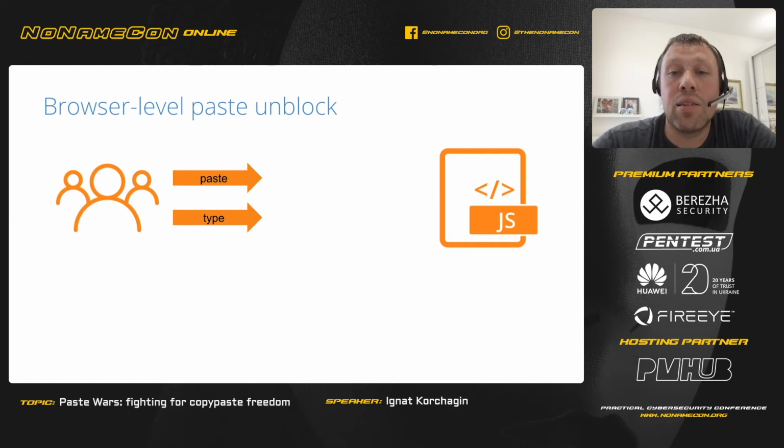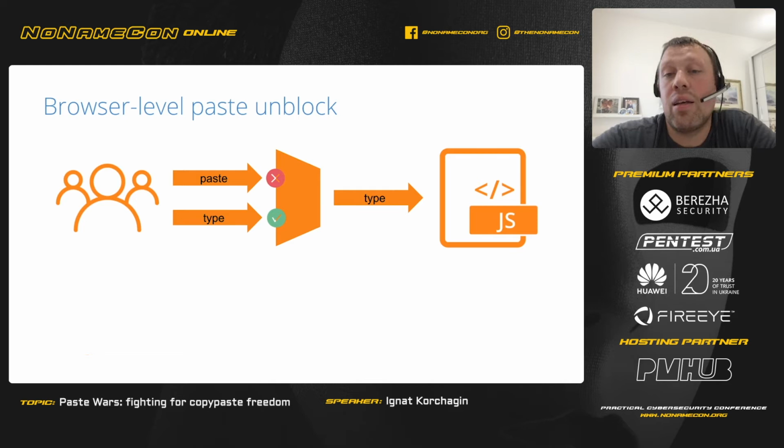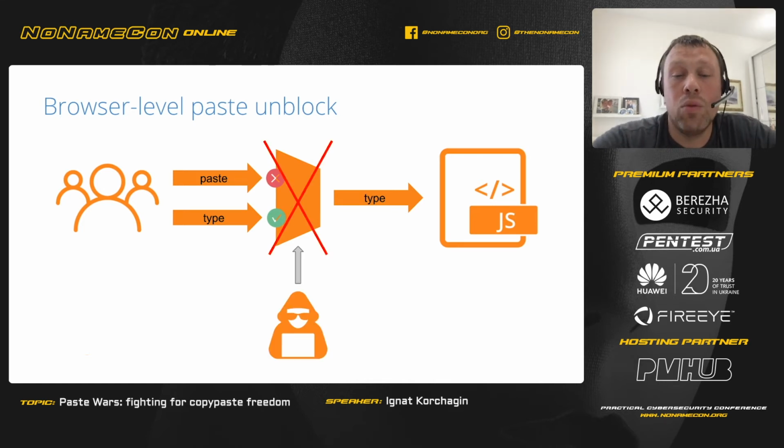What these websites implement with JavaScript, from a high-level perspective, is some kind of filter that tries to detect the pasting activity and block it, but that filter also should allow the typing activity, because users by design should be able to type in the password and log into the web application. So the way these third-party or password manager browser extensions work is they try to somehow disable this filter, to allow users to paste the password.